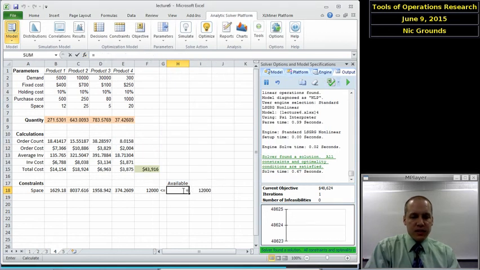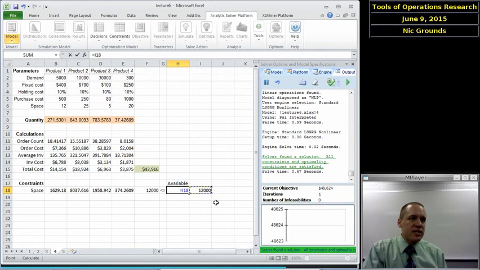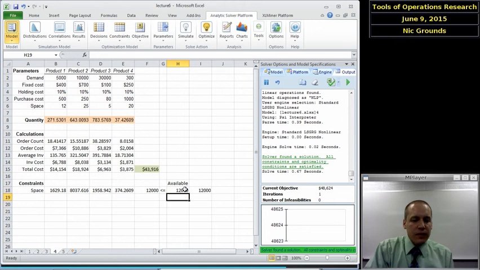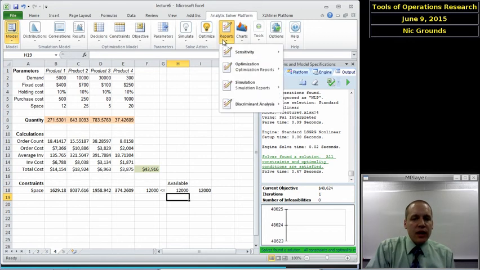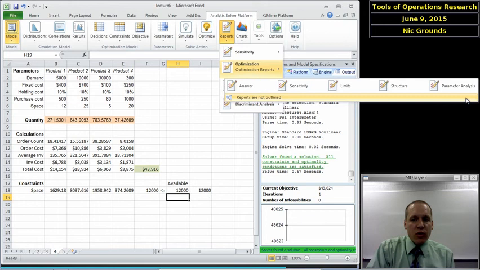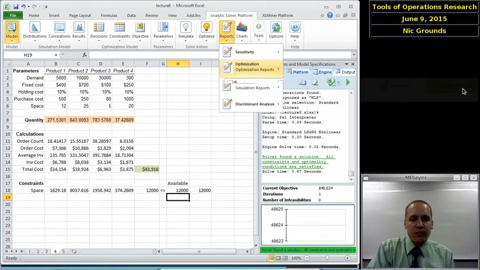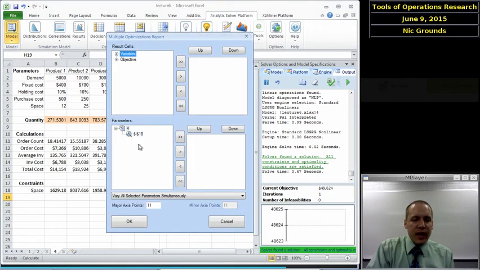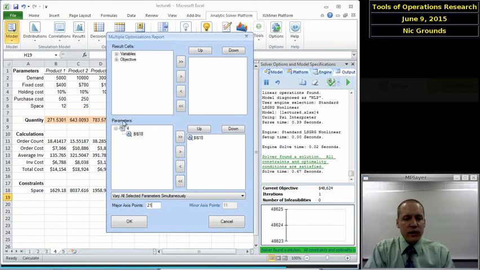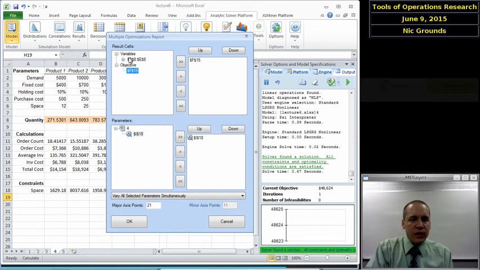So I'm going to set this available space here equal to that PSI opt param function. Now I can run an optimization parameter analysis, optimization sensitivity report, to say if we had more space available, let's do 21 points, then how much better of an objective could we get?